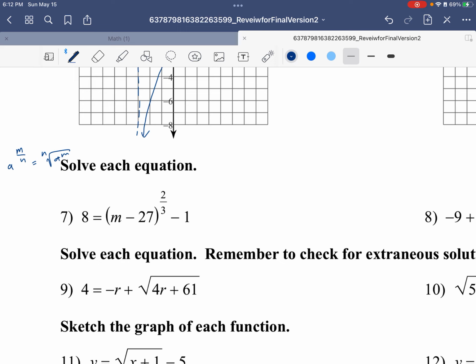Before we start, I'm going to move 1 to this side, so it'll be 9, and then rewrite.